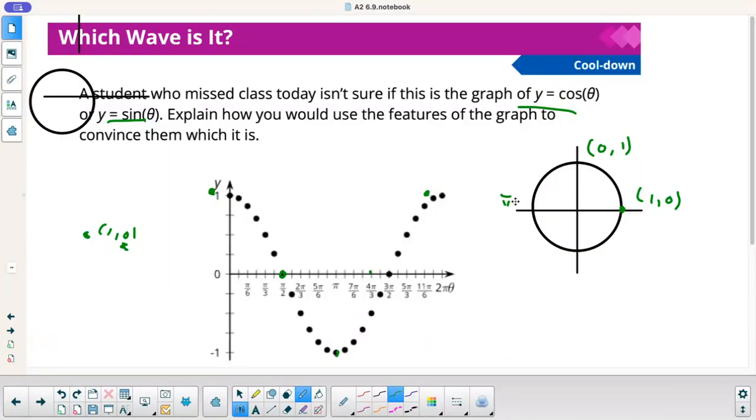At pi, it is at negative 1, which it is. So definitely, I would say this is y equals cosine of theta, especially because it starts at the top. Sine starts at the origin.